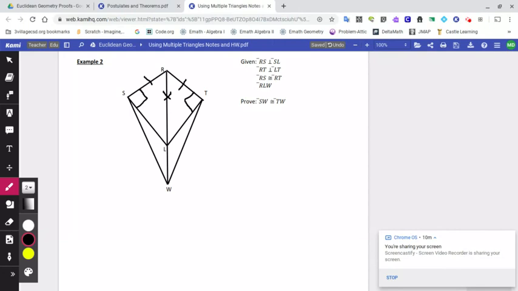Now look at this other given over here, RLW. It came out a little bit weird when I converted this to a PDF file, but it should look like this, RLW, and that should be a segment RLW. What that tells me is that RLW, right down the middle there, is a straight line. Those lie in line with each other.